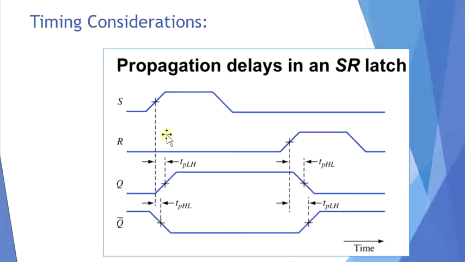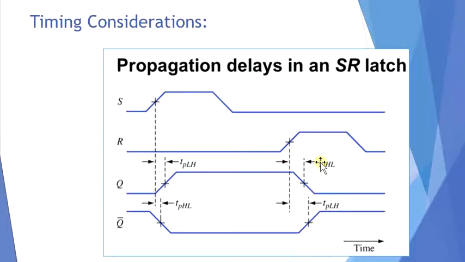It should be noted that the outputs do not change instantaneously to an input change, nor do the outputs change simultaneously. Thus, the propagation delay from 0 to 1 is denoted by TPLH and the delay from 1 to 0 is denoted by TPHL.